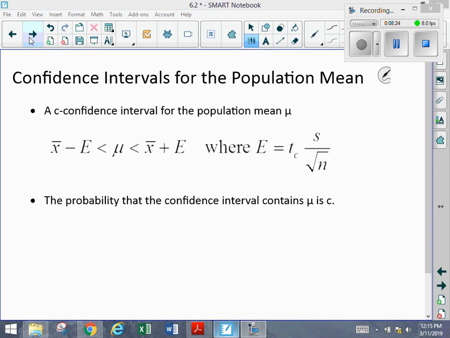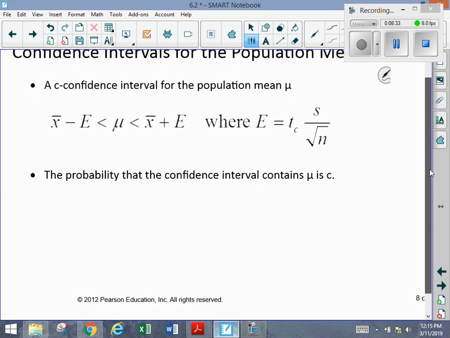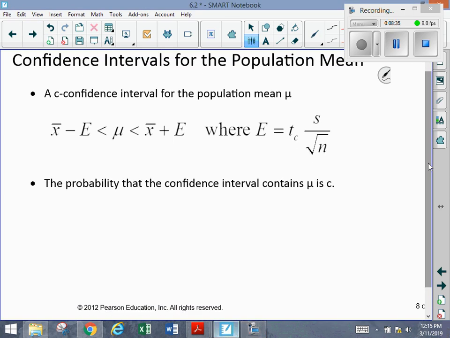All right, so if we're going to construct a confidence interval, this is the formula we're going to use. I'm going to give you a little better version of it, a little easier to understand. We'll do x bar plus or minus t sub c, your critical value, times the standard deviation of your sample divided by the square root of your sample size. We're going to write down what all these things are.